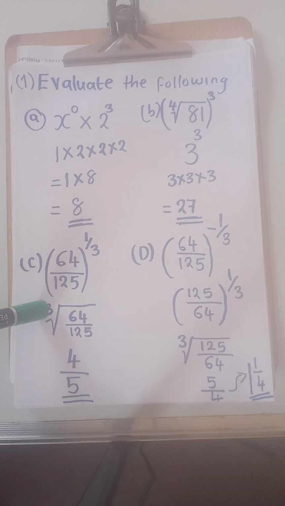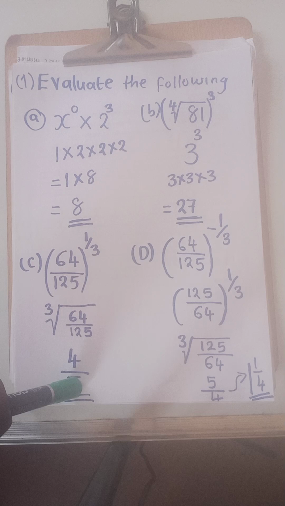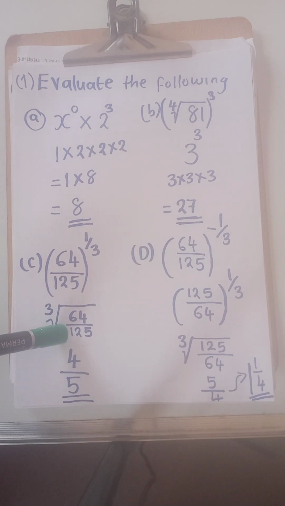When you multiply it 3 times, you should be able to get 125. And that number is what? 5. So the answer here is 4 over 5. So this is the use of these 3: to guide you to look for a number that, when you multiply it, gives these answers.